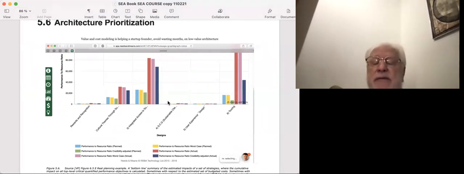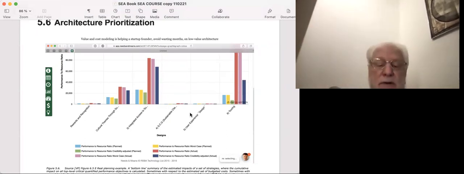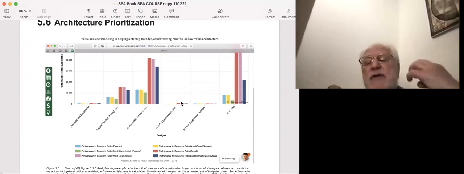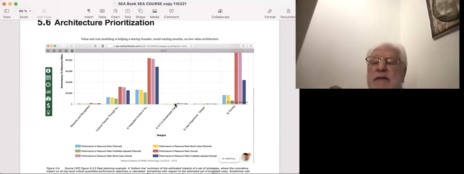And he discovered there were some architectures right here that had virtually no value to cost. These are value to cost ratios, in other words, values delivered for costs. He discovered there was a whole lot of very low value to cost things. And then he said, my goodness, I was thinking of spending the first 6 months of my startup in these areas, which would give me practically nothing.